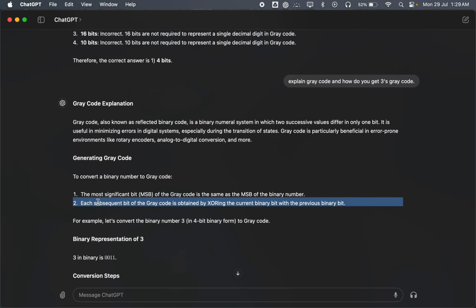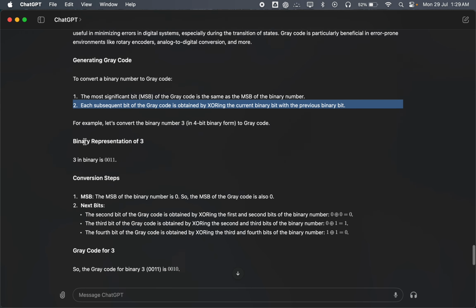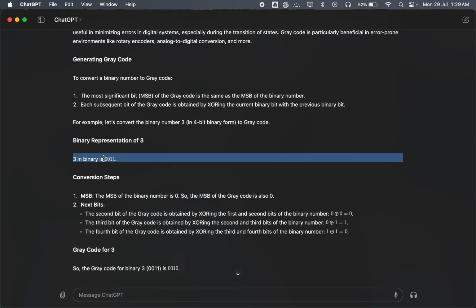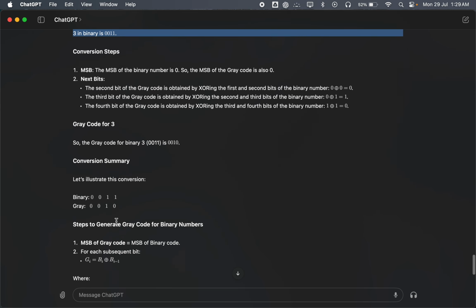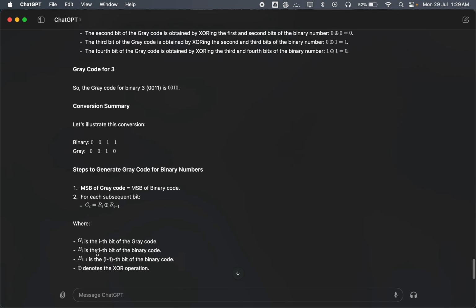Each subsequent bit of the Gray code is obtained by XORing the current binary bit with the previous binary bit. The example is also given. We do an XOR of that particular number with its previous number.